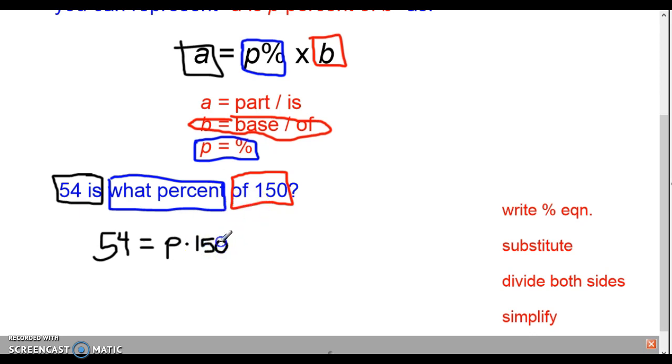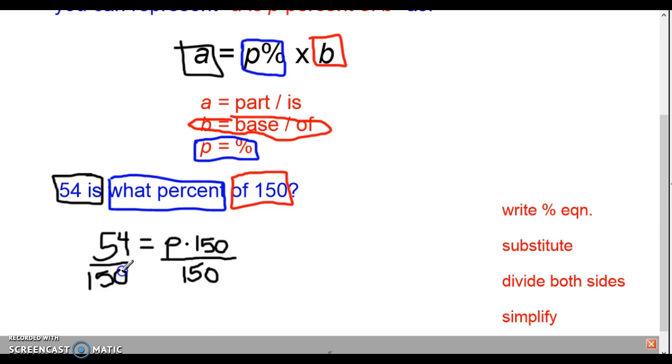So I am trying to get P by itself, and P is being multiplied by 150. So the inverse operation would be to divide. So I'm going to divide this side by 150 and divide 54 by 150.